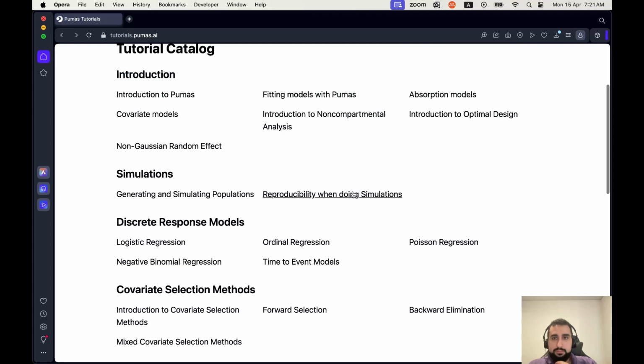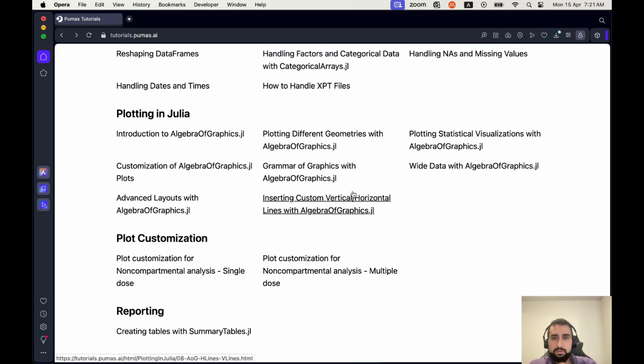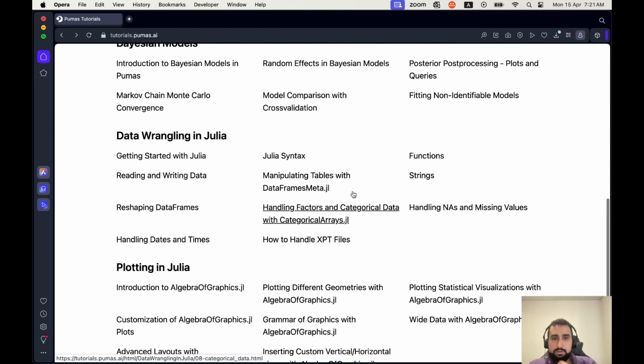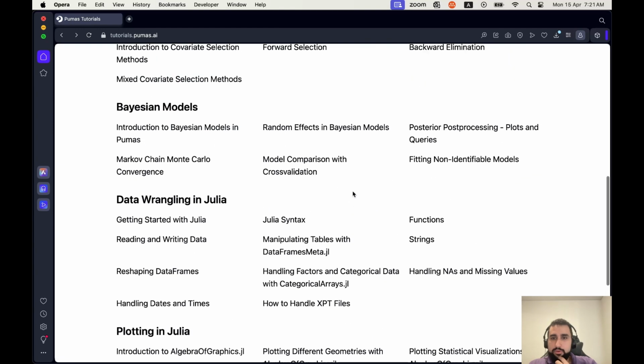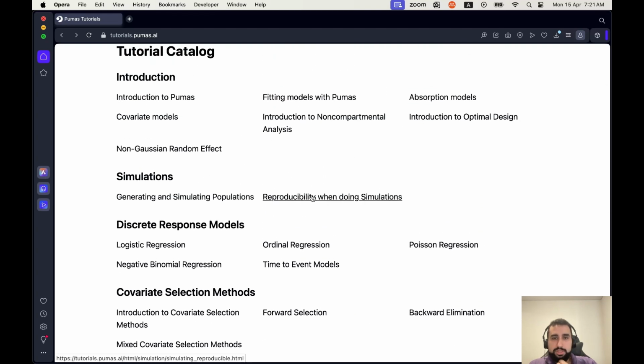So let me go back here for a second and try to find this tutorial for you. So there you go. This is the one on reproducibility when doing simulations.